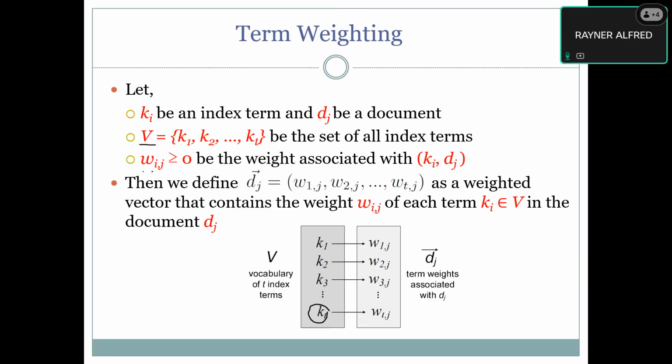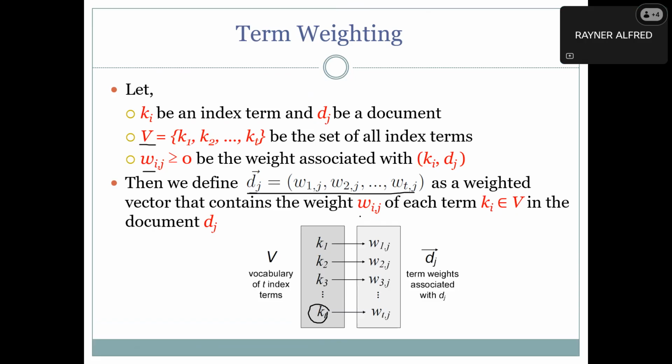Each keyword will have a weightage for each document that they have. It should be 0 if it does not exist, and greater than 0 depending on how we define the weightage here. And each document will be represented as a vector of weightage of document.